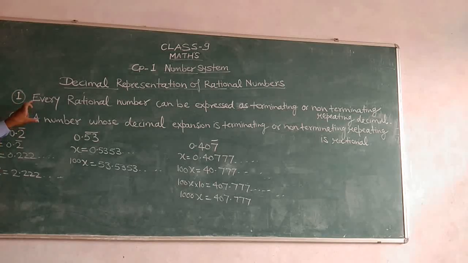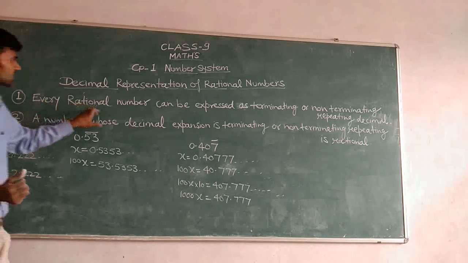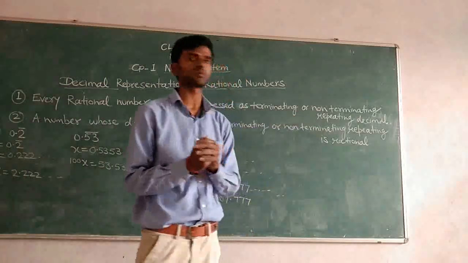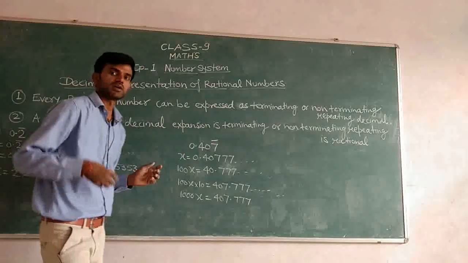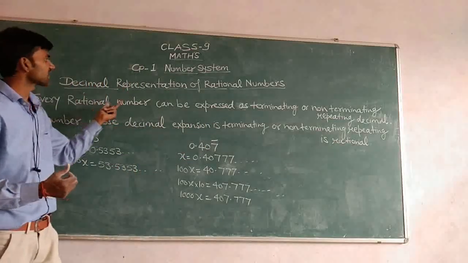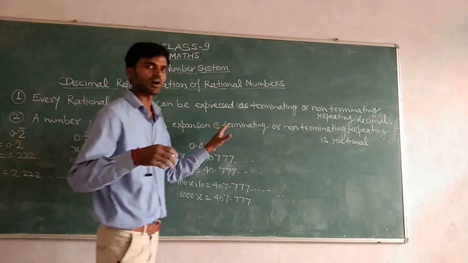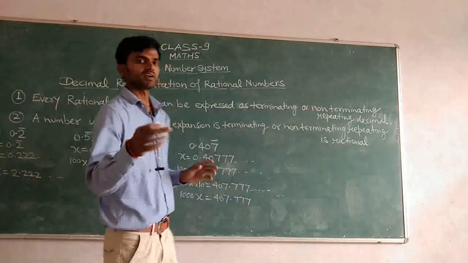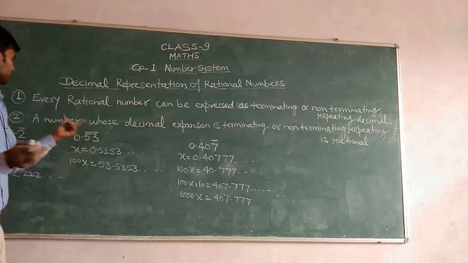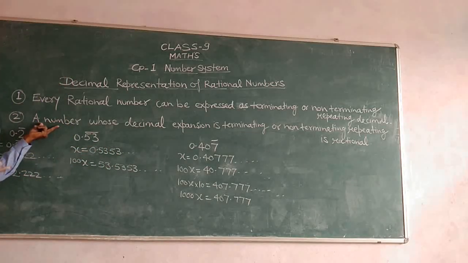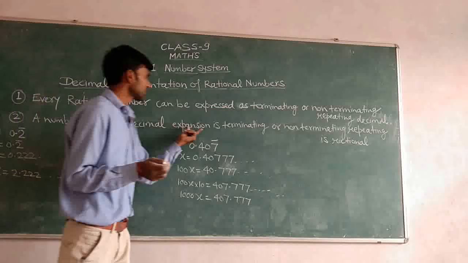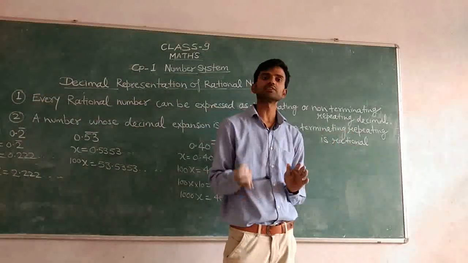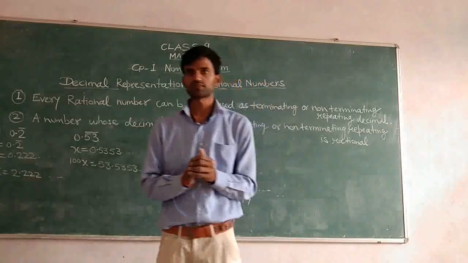The first: every rational number can be expressed as a terminating or non-terminating repeating decimal. Again, the same in reverse: a number whose decimal expansion is terminating or non-terminating repeating is a rational number. Okay.